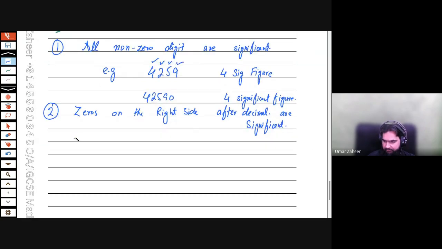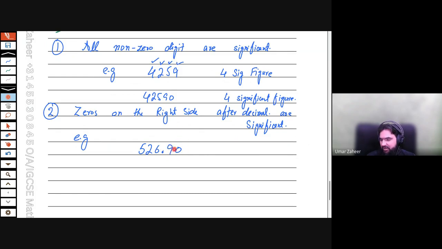For example, you have the value 526.90. Tell me how many significant figures? 5 is significant because it is non-zero. 2 is significant because it is non-zero. 6 is significant, it is non-zero. 9 is significant because it is non-zero.